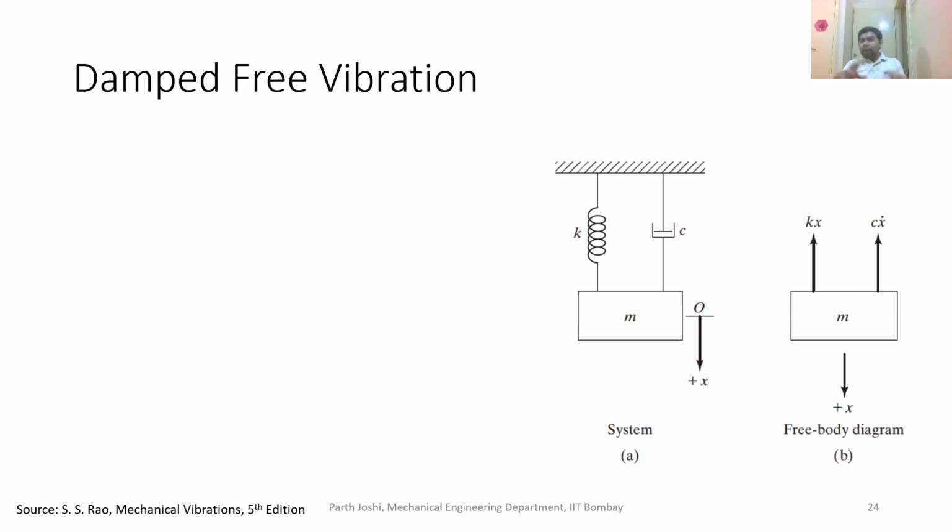So any mechanical system as such can be thought of as having largely these three properties. It will have mass, and it will have some stiffness because of the elasticity of the material, since it is made of different materials.